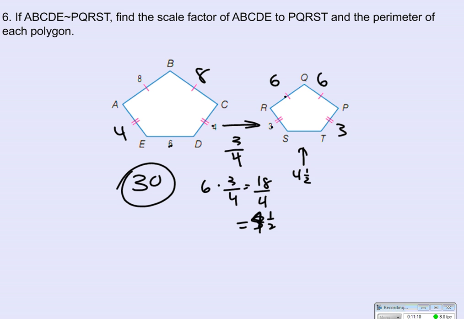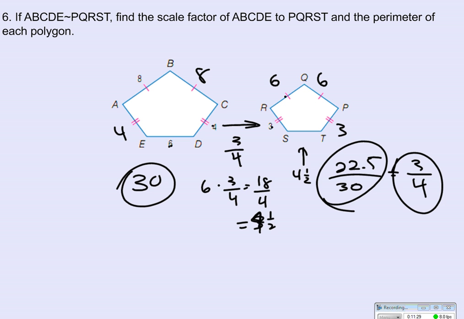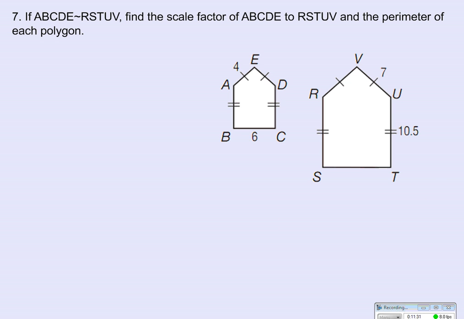Perimeter over here, 9, 9 is 18, and 4 is going to be 22.5, which is going to be the same scale as 3/4. Confirm that with a calculator. Yeah, that's going to be the same thing. That's what they're saying. The perimeters follow the same thing as the scale factor.